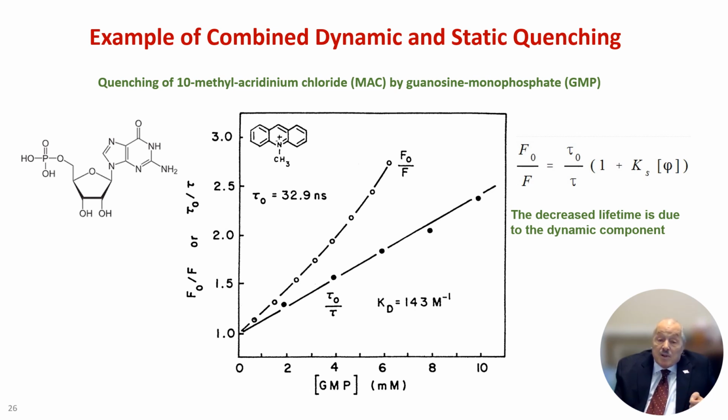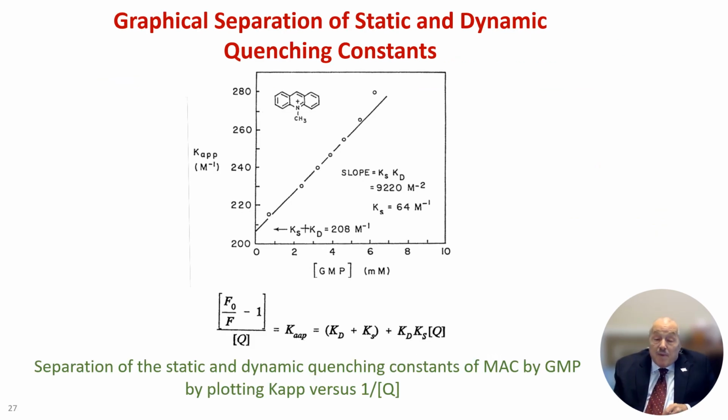The intensity quenching is obviously higher than the static part of the quenching. You could divide up those terms if you wish, but that's not necessary. But what we do with this type of data is we make a plot where, since the apparent quenching constant has only linear terms in it, we can use the slope and the intercept.